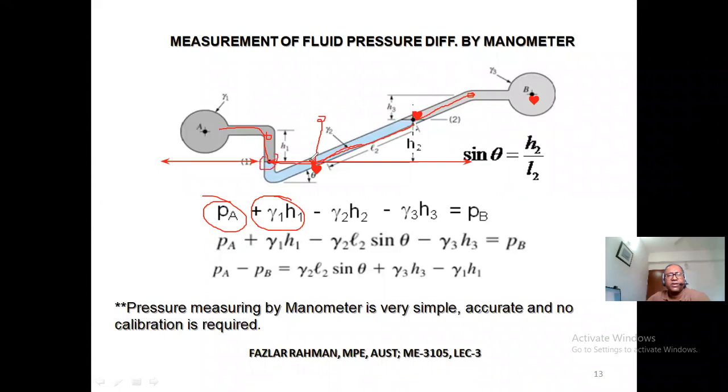You coming over here, so from here, you need to walk down this point. The incline is too much distance, but we will consider only vertical height because pressure depends on vertical height. So you are moving upward, so that will be negative. So negative H2 gamma 2. So you came right over here. Now from here, you need to come over here. That means vertical height is H3. So minus gamma 3 H3 equals PB.